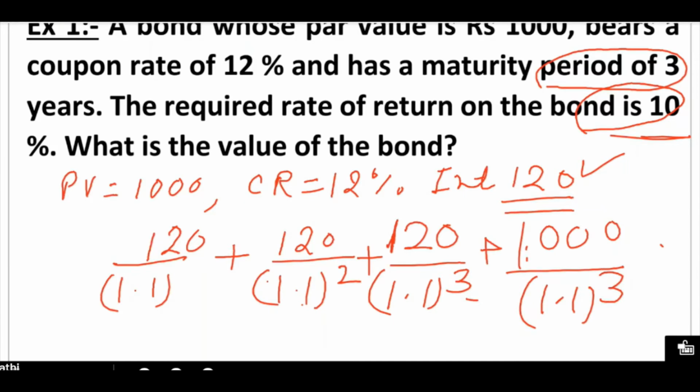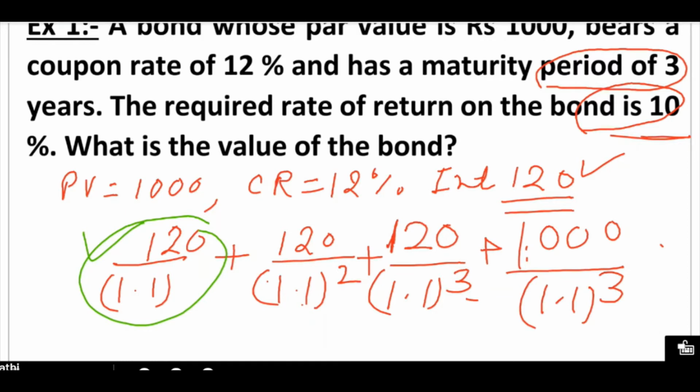I'll repeat once again. Because I got 120 rupees the first year, I have discounted it for 1 year. For the second year again I got 120 rupees, so I converted it to present value by the discounting factor, 120 divided by 1.1 whole square. For the third year we got again 120 rupees, so divide by 1.1 to power 3.